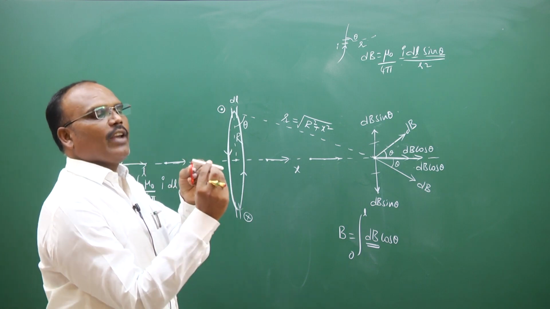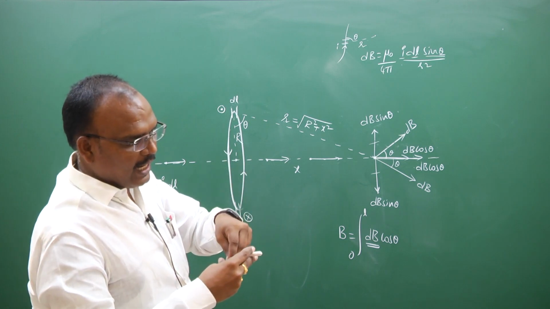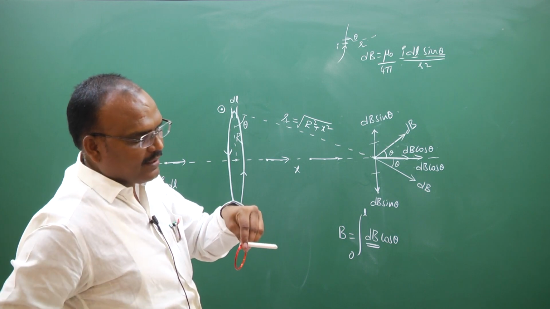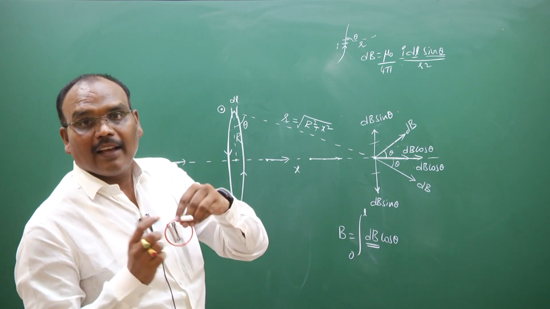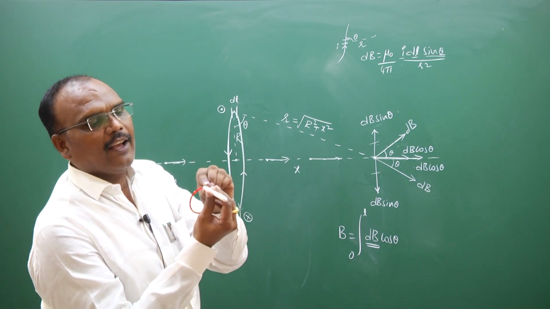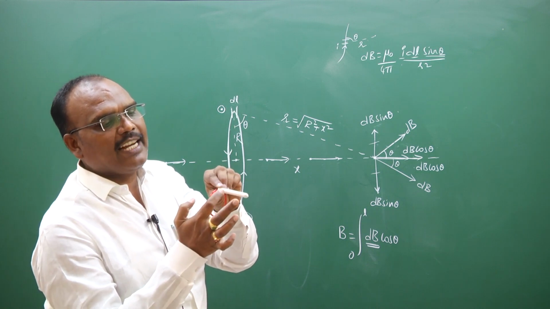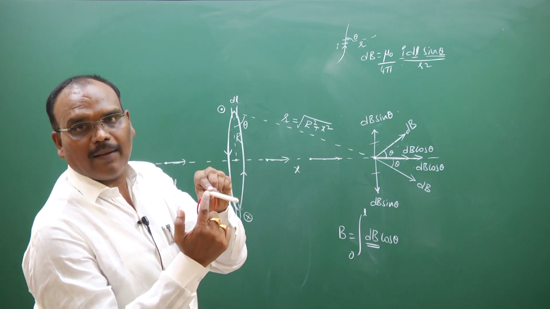When the conductor and r are arranged like this, the angle between r and dl is 90 degrees. You have to realize this very carefully.